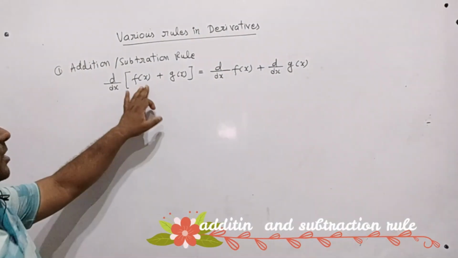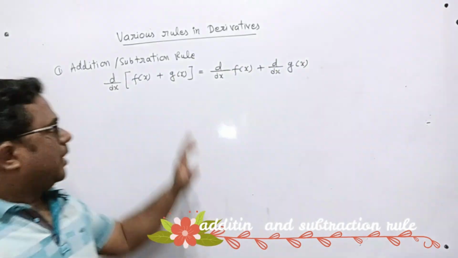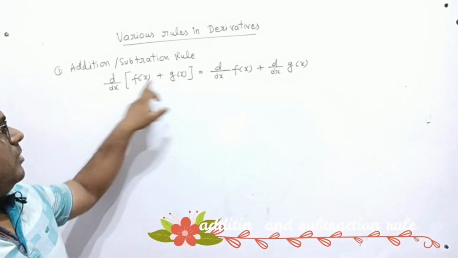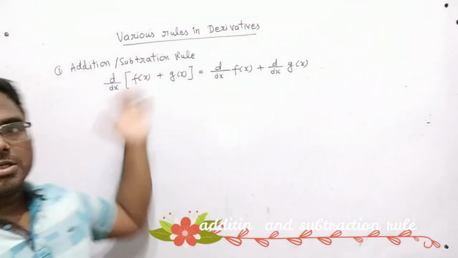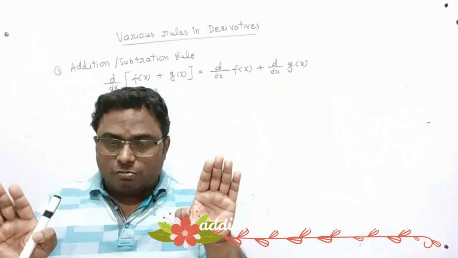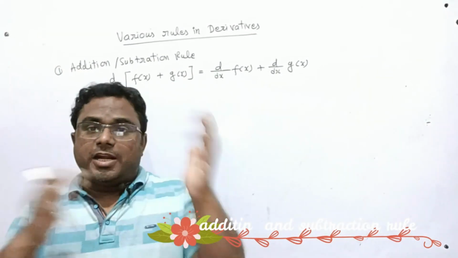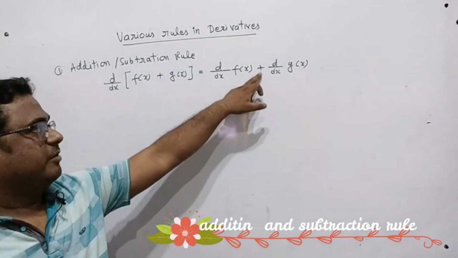Here f(x) and g(x) are two functions, any type of function, and there is a plus sign between these two functions, and I have to do the derivative of their sum. Then what will happen? If there is a plus sign between the two functions, then you will do the derivatives separately, and you will have the plus sign between the derivatives.